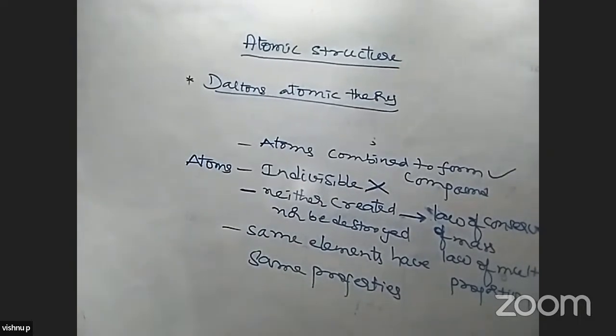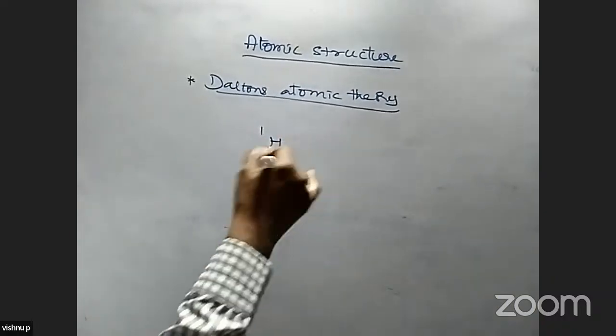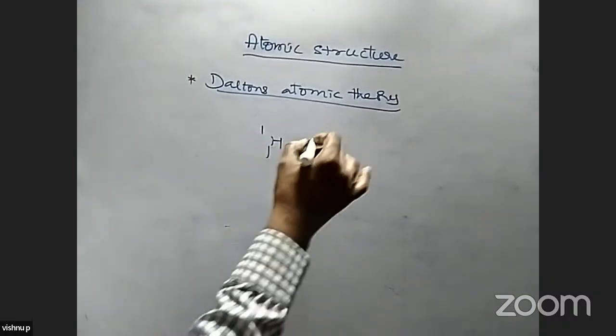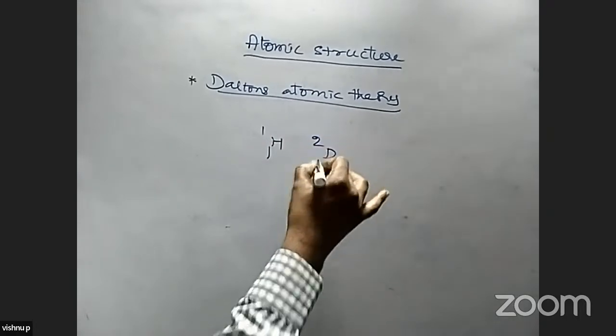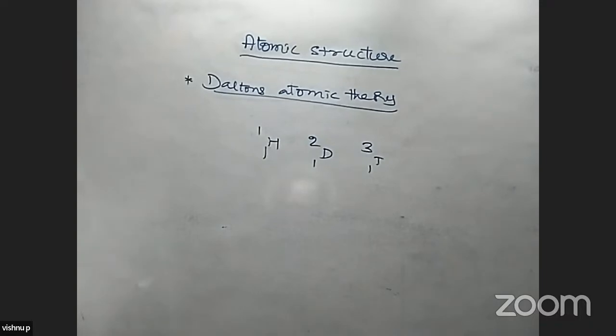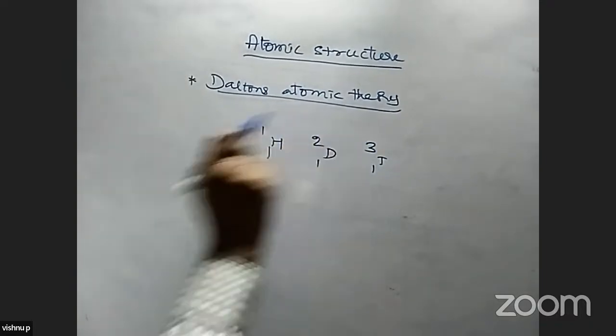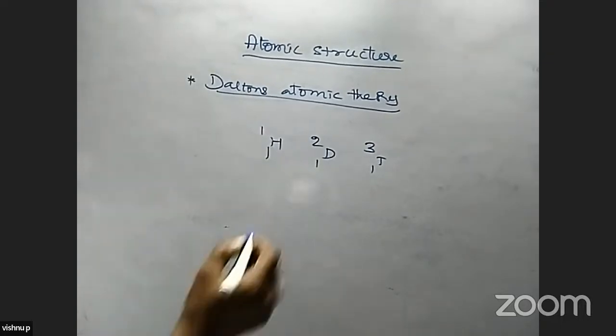For example, take the isotopes of hydrogen: protium, deuterium, and the third isotope, tritium. In these three isotopes, the atomic number is the same and the mass number is different.